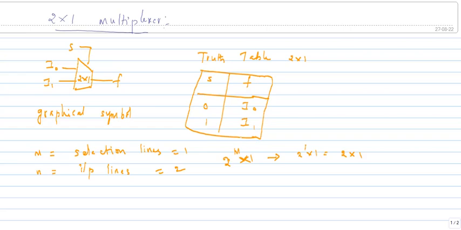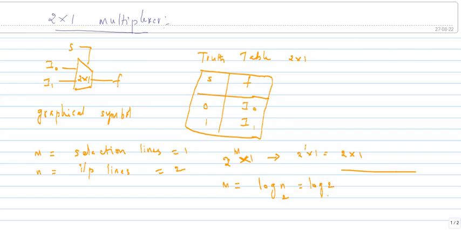So we have a basic criterion. When M is taken as the selection lines and N as the input lines, if you know the selection lines you can decide the total input lines. The formula is 2 power m into 1 format, where m is equal to the selection lines, 2 power 1 is equal to 2 by 1. At the same time, if you want to represent the selection lines, already we have said in the introduction class, m is equal to log n base 2, where n is the total number of inputs.